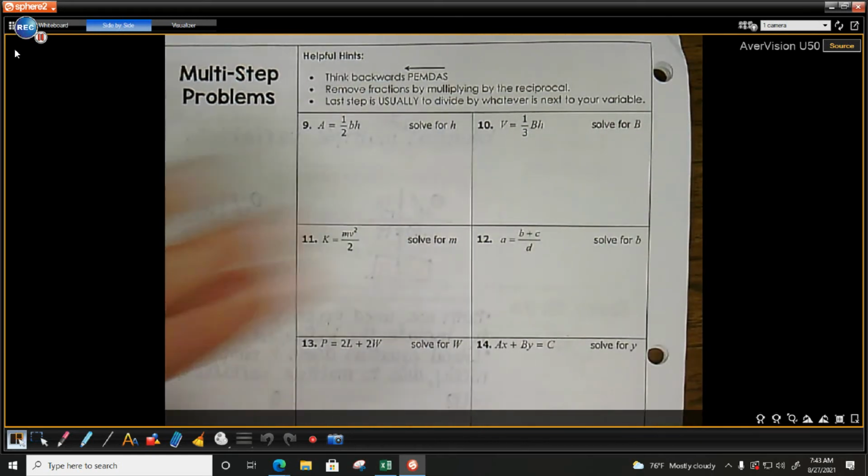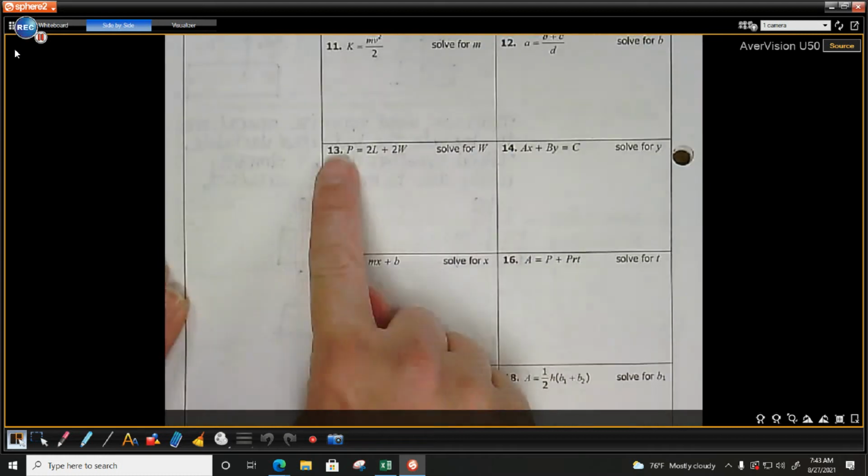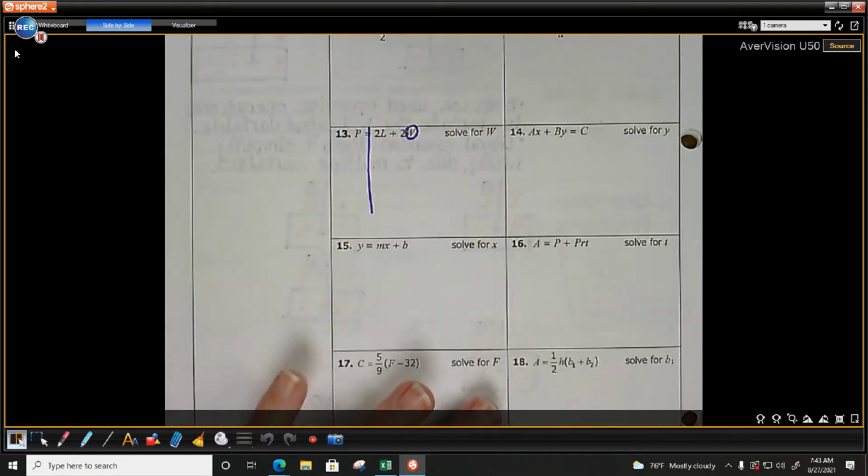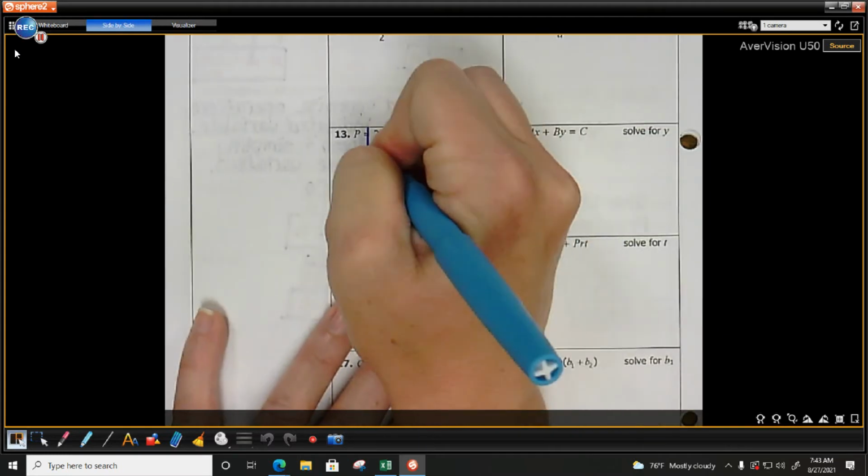We're going to skip these top ones actually, and let's go to number 13. Line through your equals. What variable are we solving for? W, circle W. So what is on the same side of the W but not glued to it? The 2L, right? How do you move a positive 2L from the right to the left? Minus 2L.